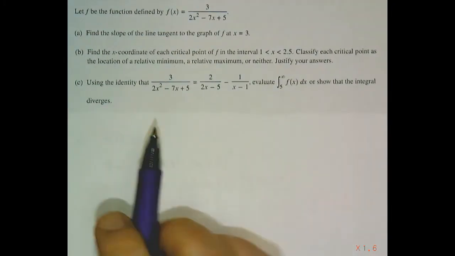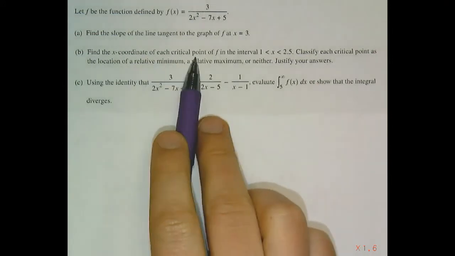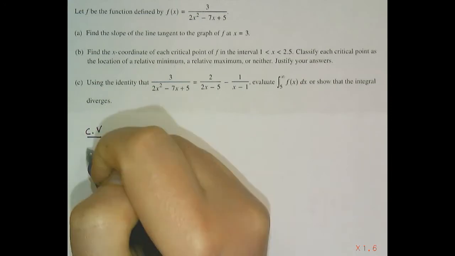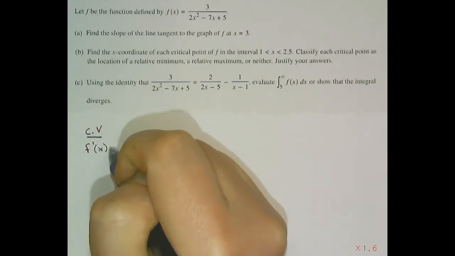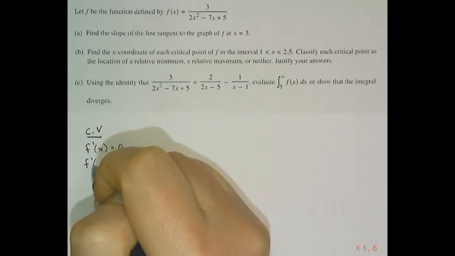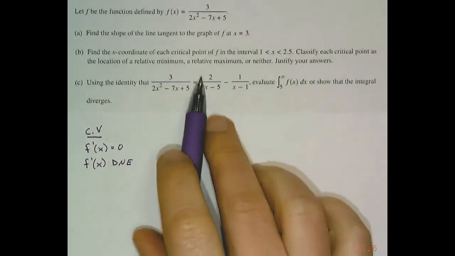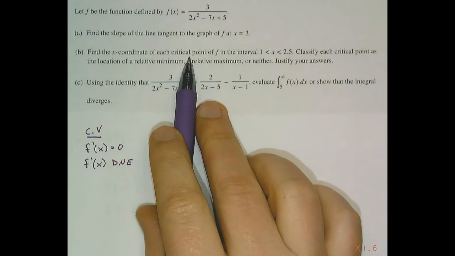Moving on to Part B, it says find the x-coordinate of each critical point, and we know critical points or critical values occur when f prime of x equals 0 or f prime of x does not exist. So in order to find our critical points, we're going to look for those locations.